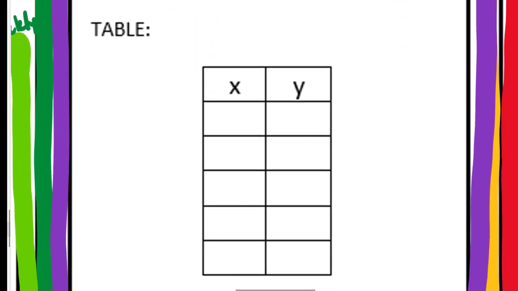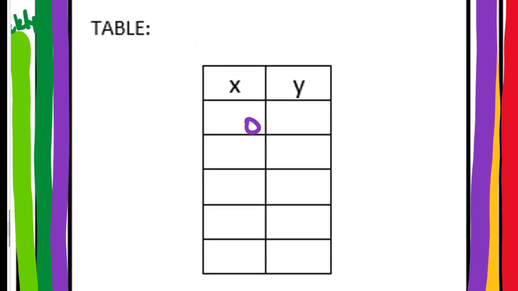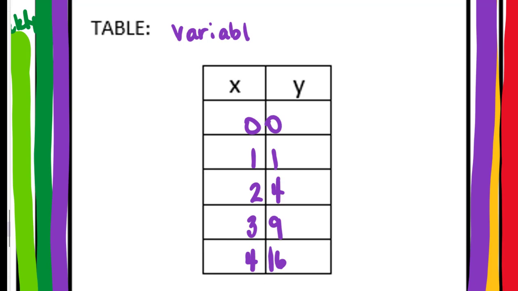In a table, let's say we have 0 and 0, and 1 and 1, and 2 and 4, 3, 9, 4, 16. This variable rate of change is going to stand out. So to find the rate of change, find your y differences.